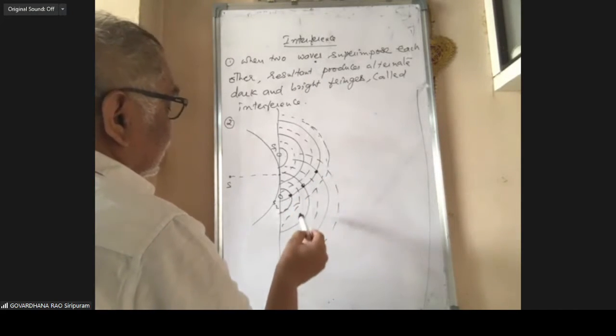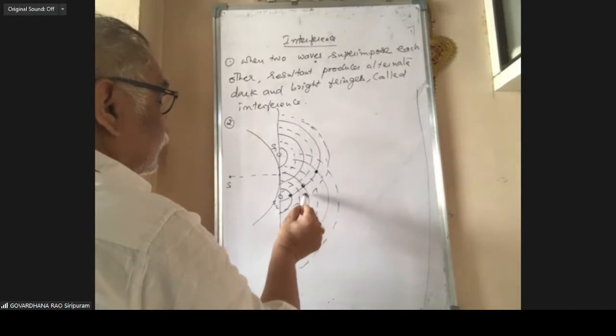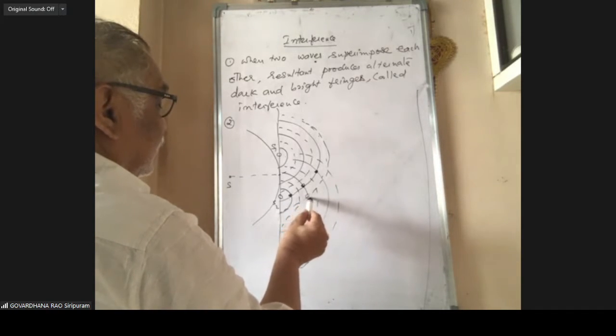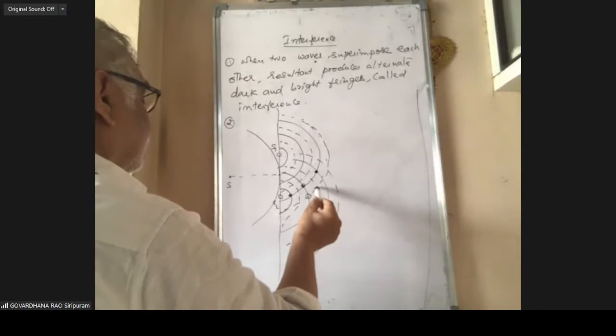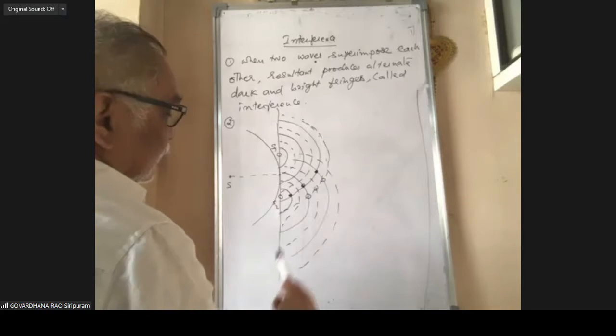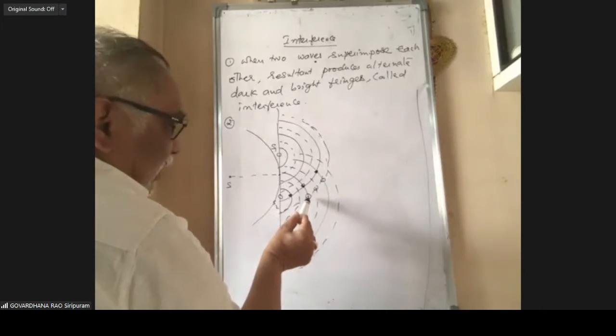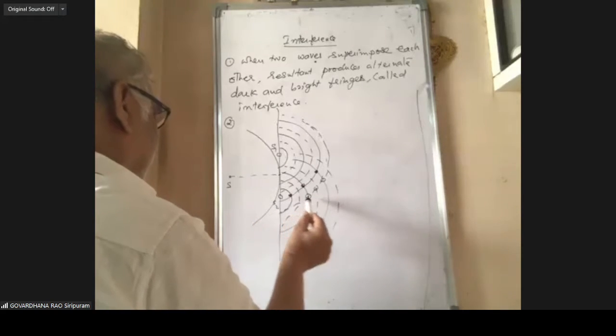And here, the solid line is combining with the dotted line. So solid line is crest and dotted line is trough when they are combining.